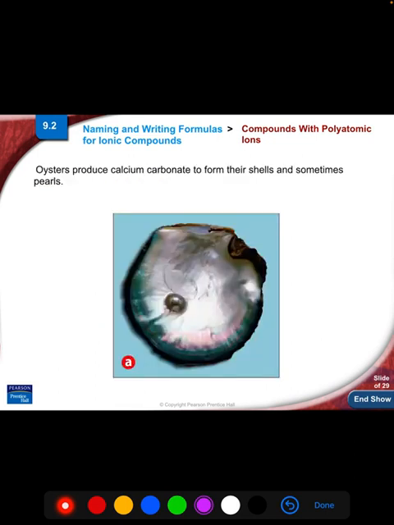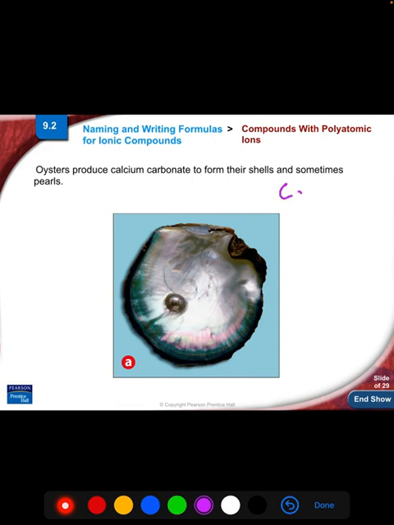Moving on, calcium carbonate is found in the shells of mollusks and is known also as chalk. The pearl, or mother of pearl lining of the mollusk, is also calcium carbonate, and it's found in chalk deposits, limestone, marble, and alabaster.